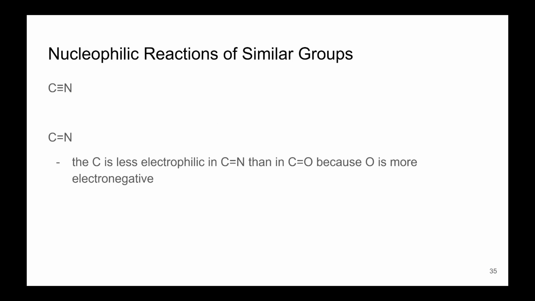So nucleophiles can attack the carbons in these groups. The C is less electrophilic in CN than in CO, because O is more electronegative. The oxygen pulls the electron cloud away from carbon more strongly than N does. So the C in CN is less electrophilic than the C in CO.